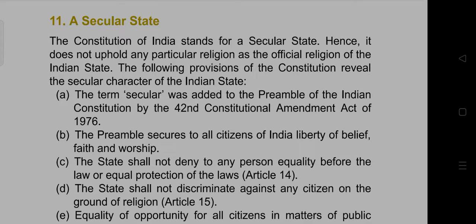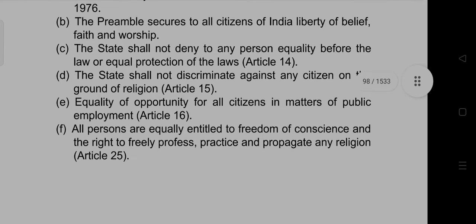B. The preamble secures to all citizens of India liberty of belief, faith, and worship. C. The state shall not deny to any person equality before law or equal protection of the laws. D. The state shall not discriminate against any citizen on the ground of religion.